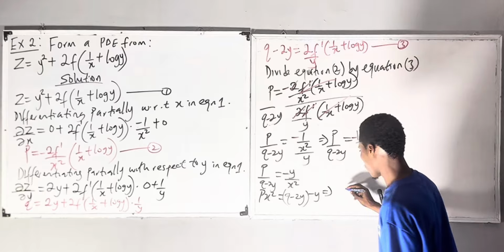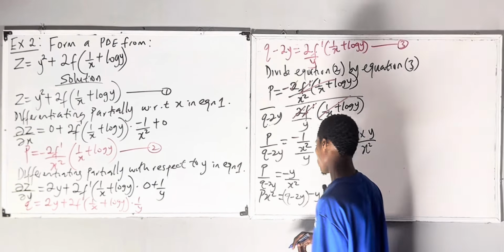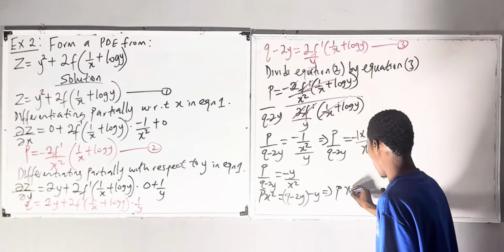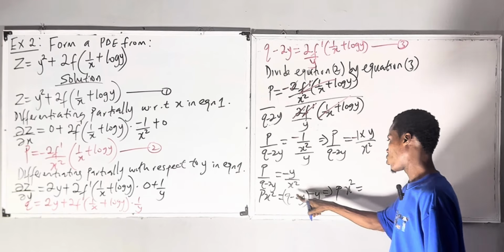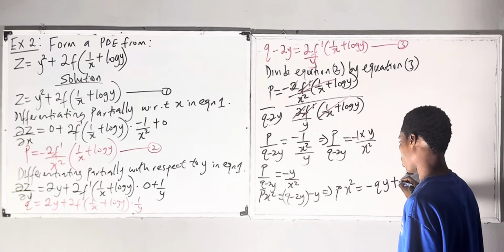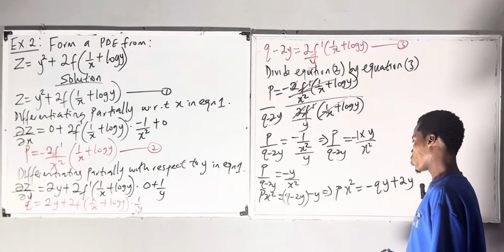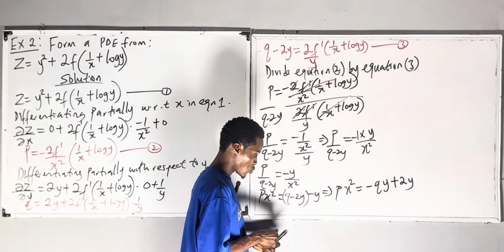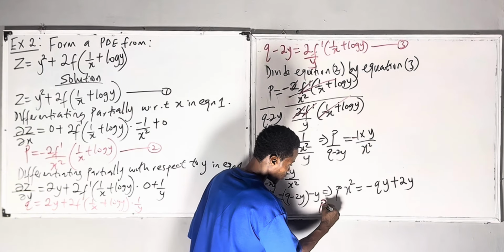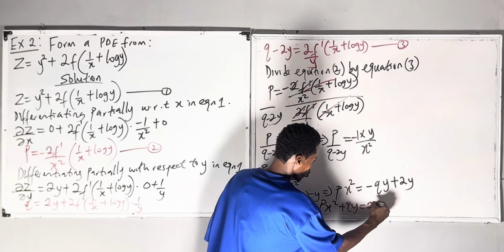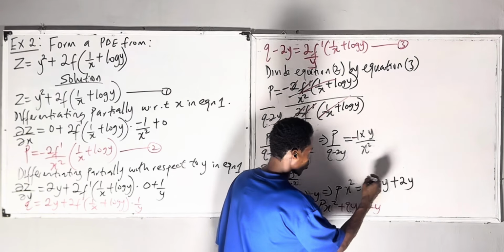p x square is equal to minus y times this. I'm going to have minus qy plus 2y square. So I can take minus qy to the left hand side, and I'll be left with p x square plus qy is equal to 2y times y, 2y square.